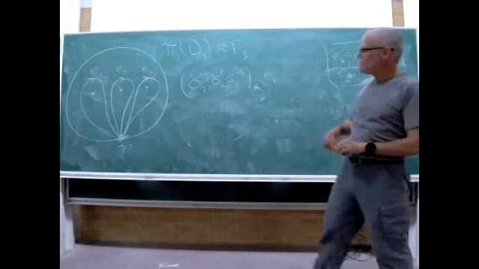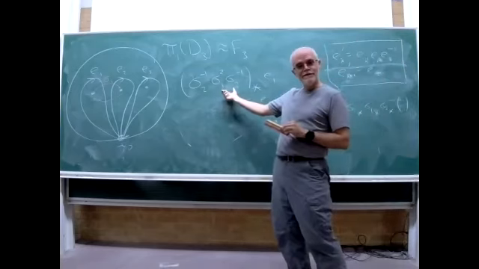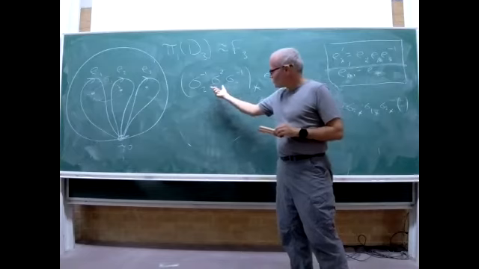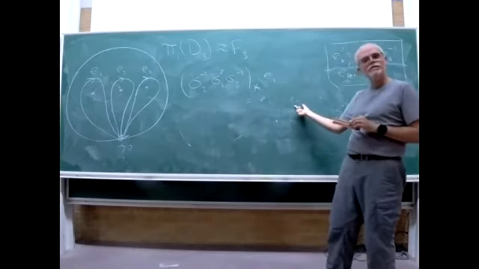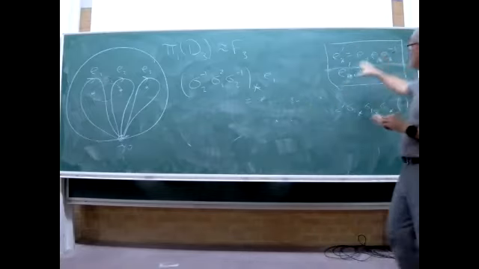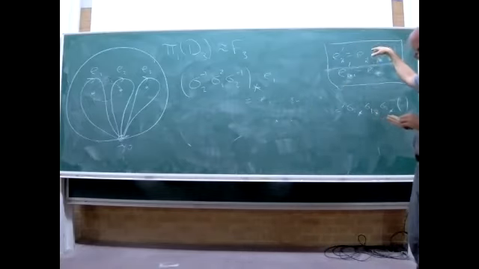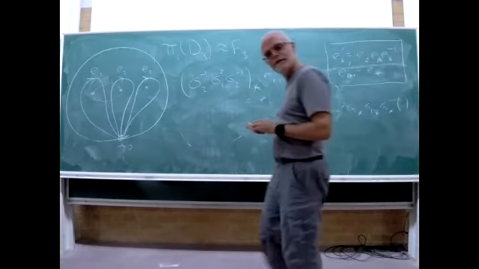But now let's say I want to do it again, right? Let's say I want to act on this thing again. Now I have to act on each of these generators individually, and each one of these will satisfy this kind of relation. Okay.